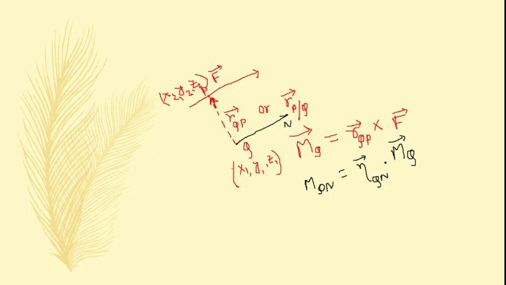Then you get the component of this MQ along this QN line. Okay, I think you have understood how to calculate the moment about a point or about a line.